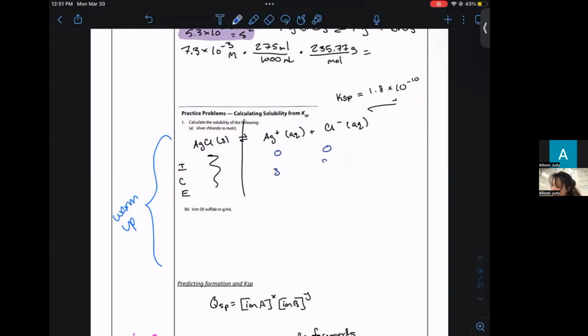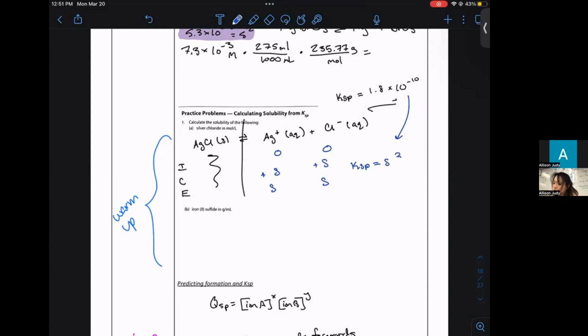And you get that your equilibrium values are then S, S. So your KSP is equal to S squared. What do you get for S?